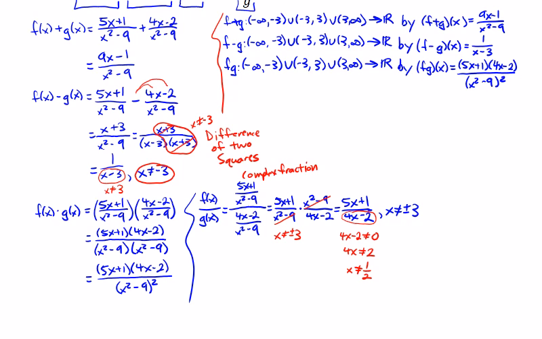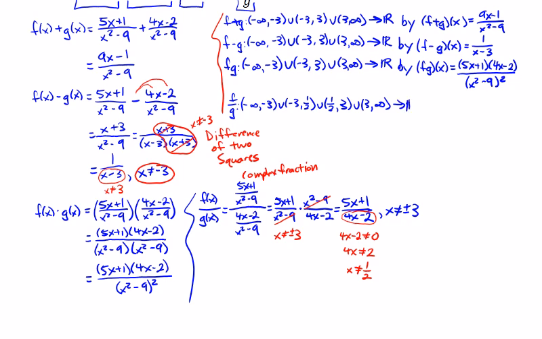And then our last definition will be for f divided by g. Now f divided by g is not going to be identical in its domain. It has to have that extra consideration of taking out 1/2. So its domain will look like this: negative infinity to negative 3, union negative 3 to 1/2, union 1/2 to 3, union 3 to infinity.